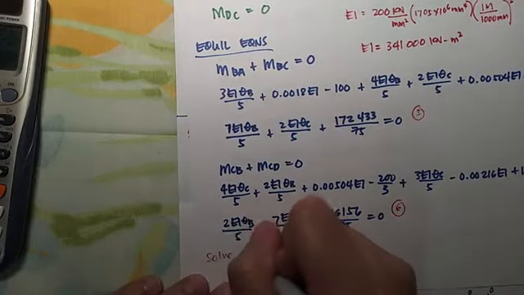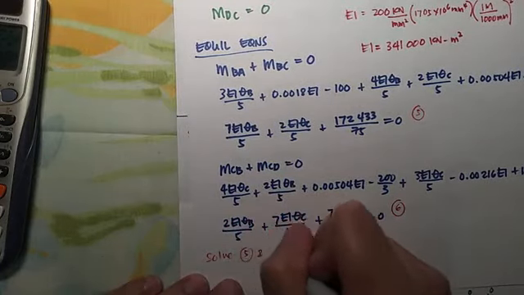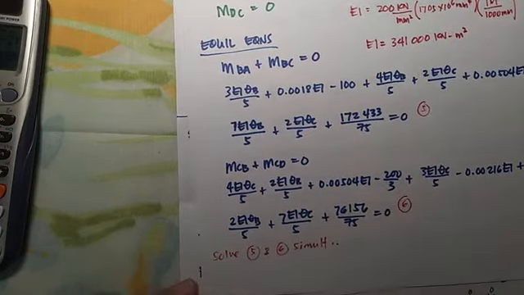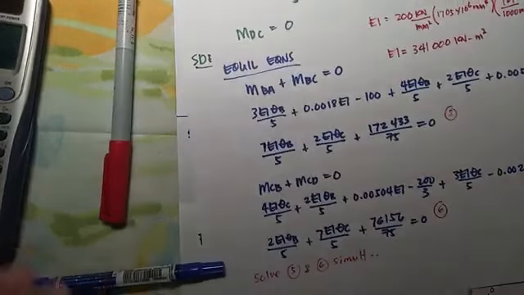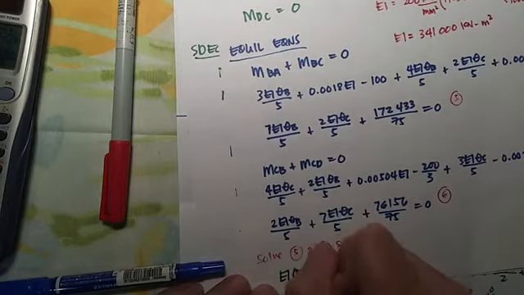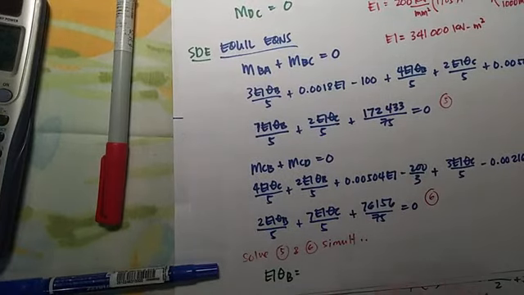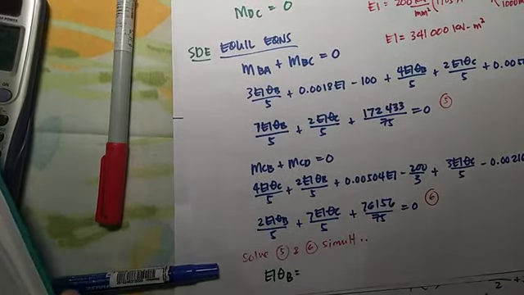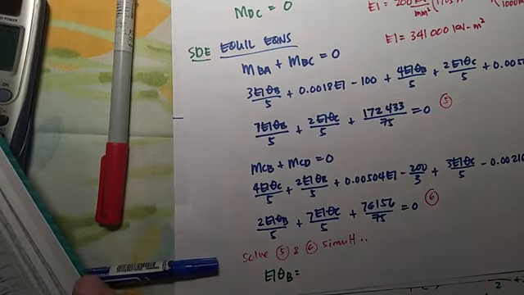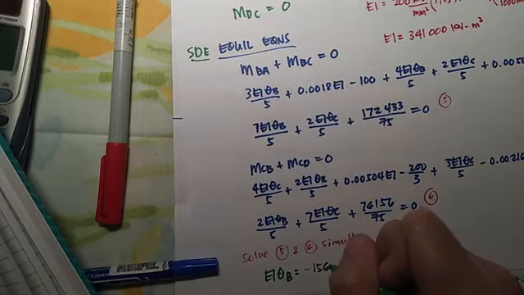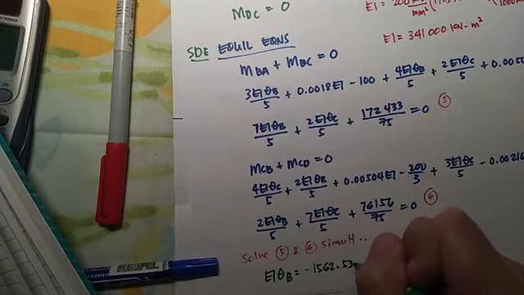Solve equation 5 and equation 6 simultaneously, this will give us answer for EI theta B. Okay, so the answer there is negative 1562.5302.